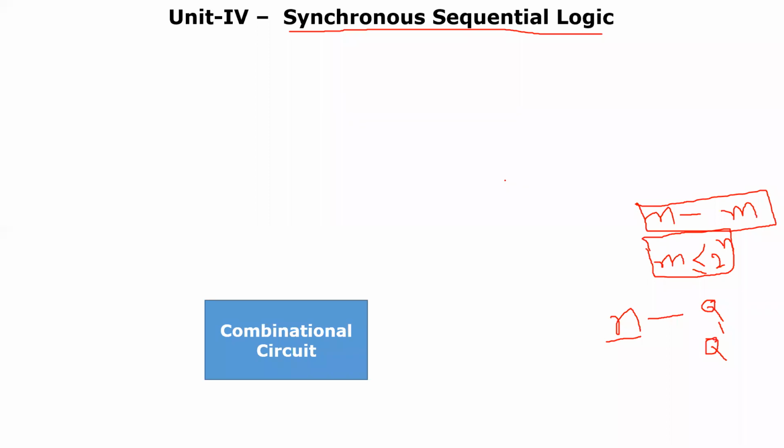Okay, the present state of output must be taken into consideration. That is the difference between combinational logic and sequential logic.